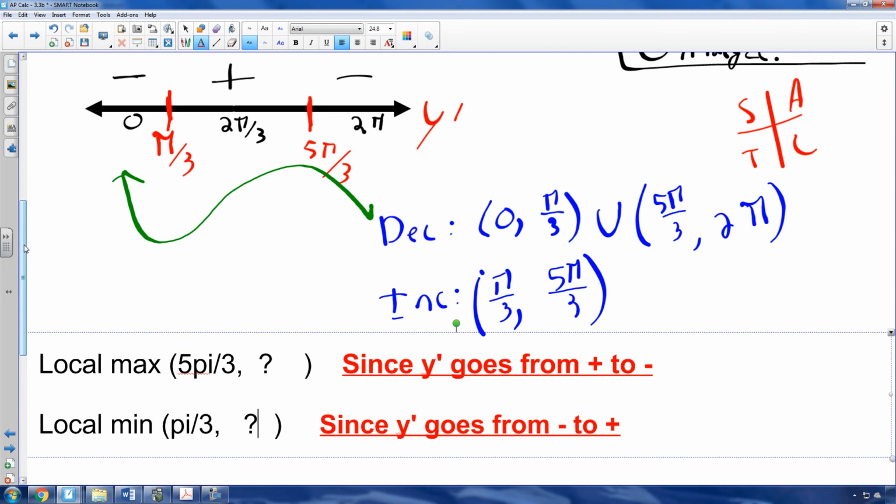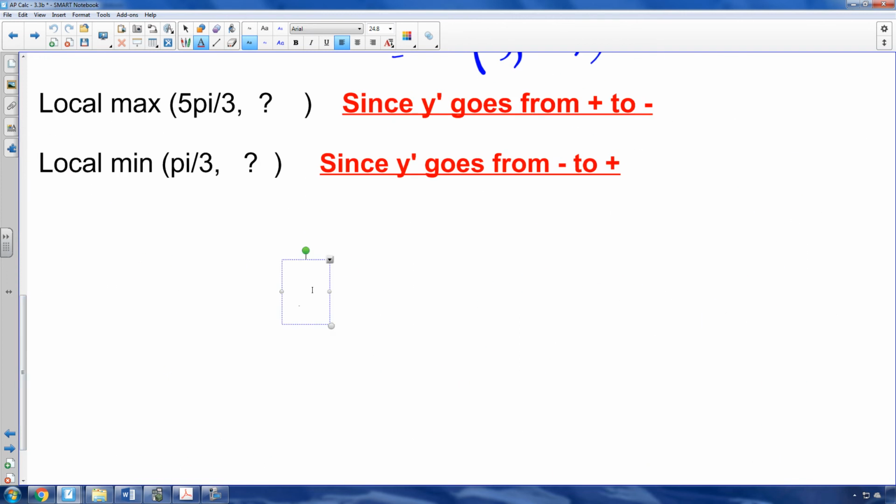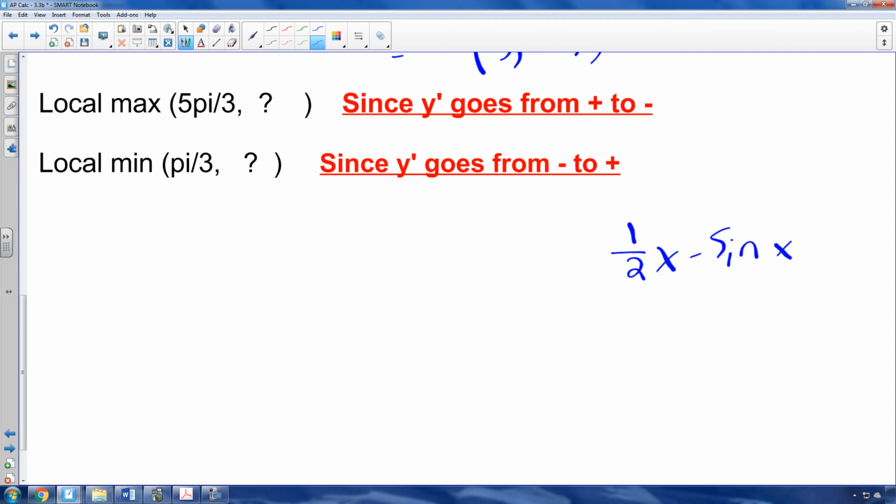So I need to take pi over 3 and 5 pi over 3 and plug them into the original function, which is 1/2 x minus sine of x. So let's do it. We got 1/2 x minus sine of x. That's what y is equal to. So if we plug in pi over 3, I guess we have 3 pi over 2.